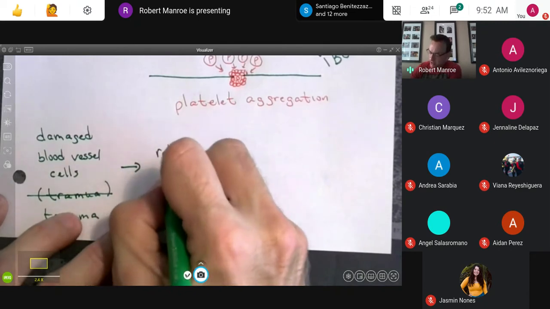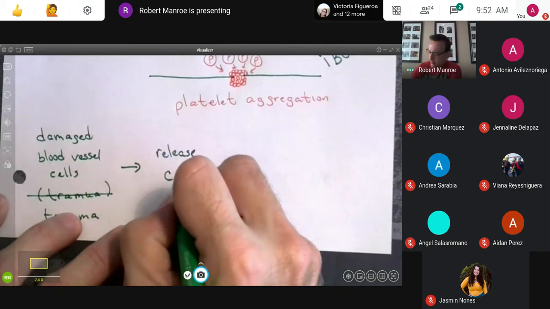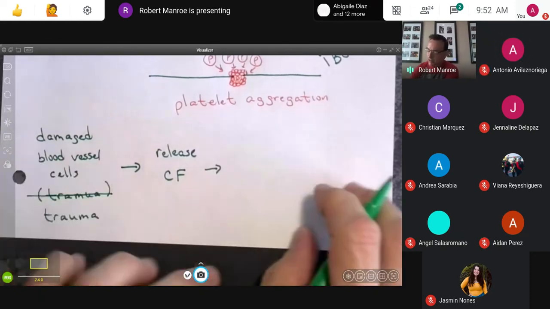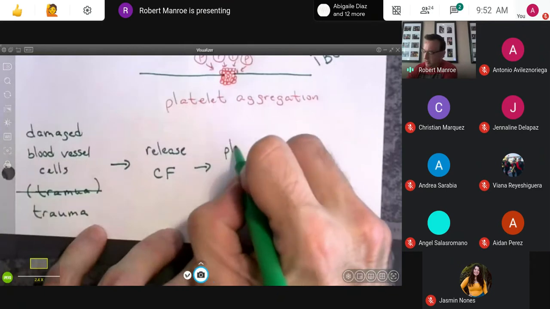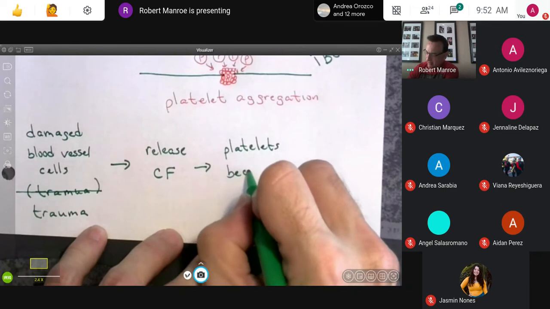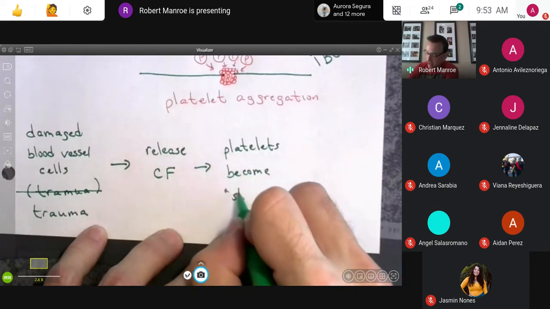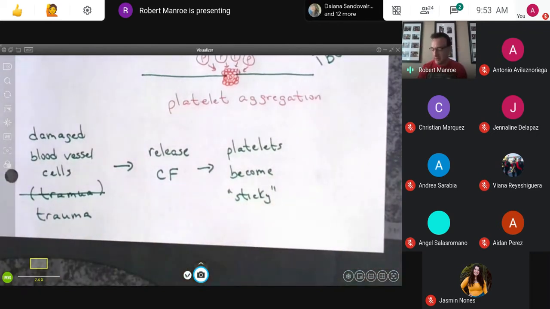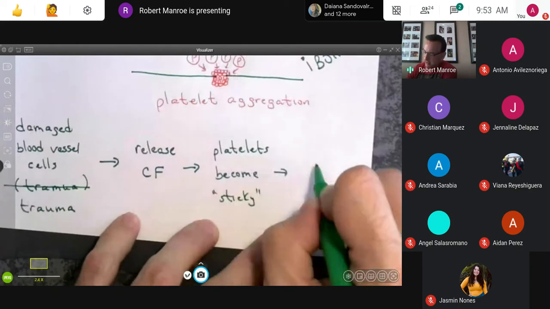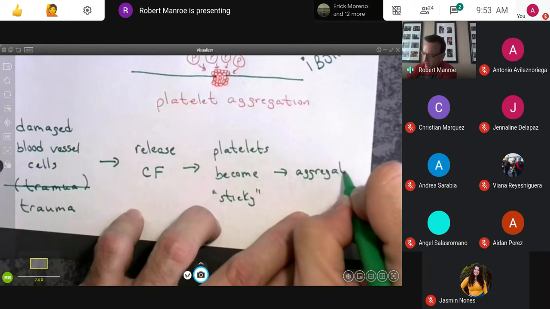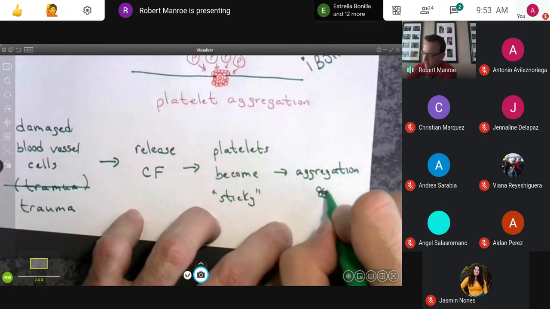And what do the blood vessel cells release? Clotting factors. How do these clotting factors change platelets? Make them molecularly sticky. Yes. And this is actually the term that you're going to use on the IB exam. It makes them sticky. Once the platelets are sticky, they are drawn to the area of trauma. They physically stick together, and that is a clot.